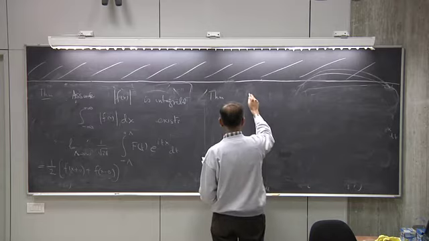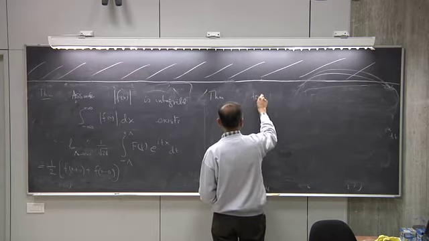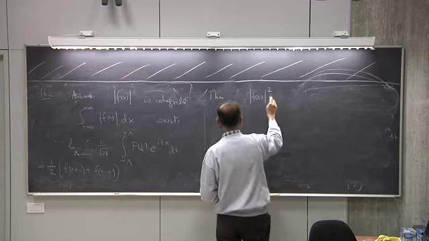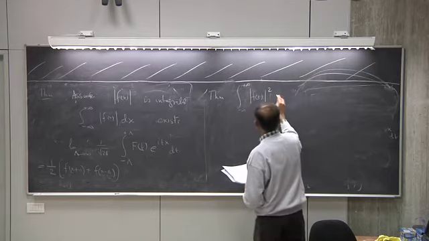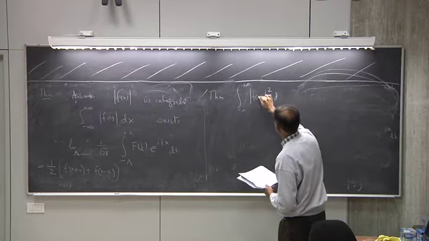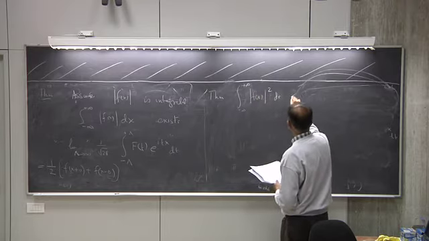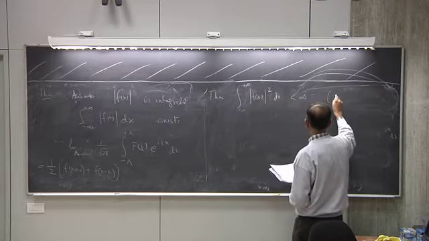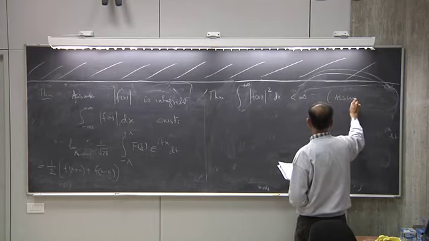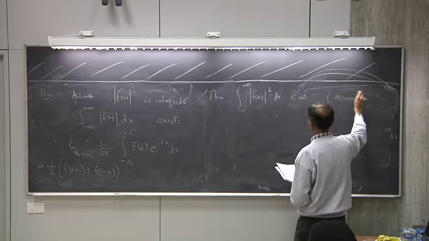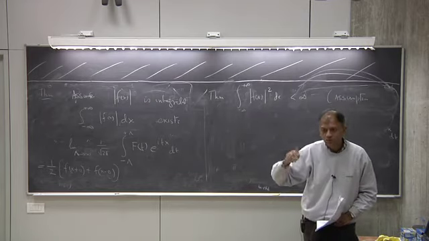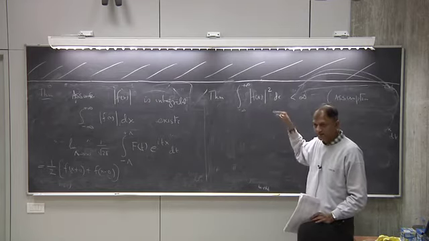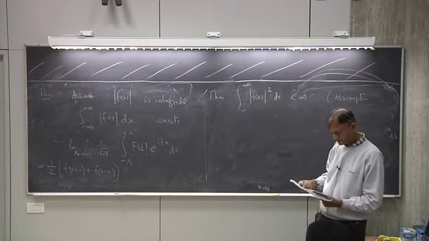So the second theorem: the assumption is that the mod square of f(x), that is, |f(x)|² dx, is integrable. That means that f of x is in the L2 space, with weight function 1.